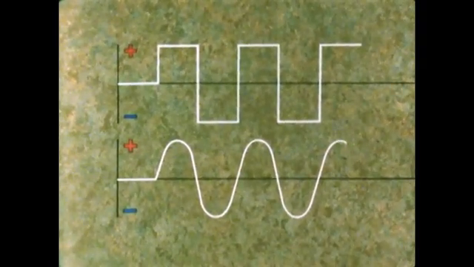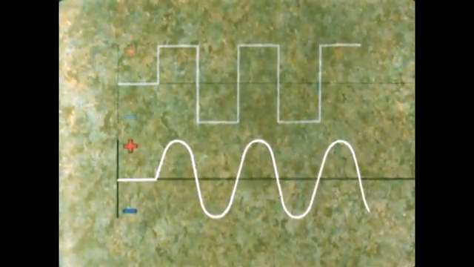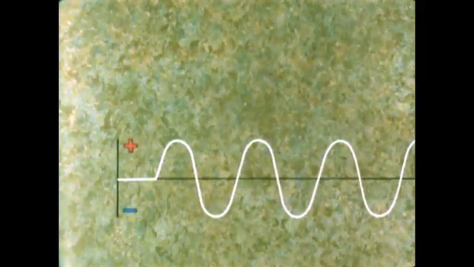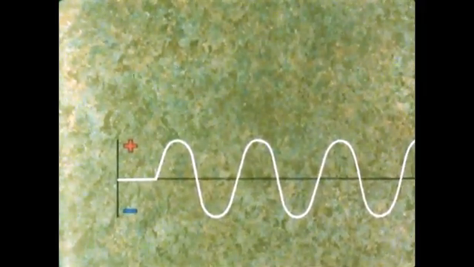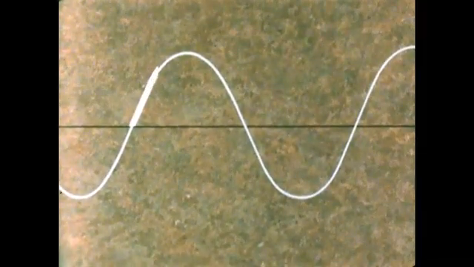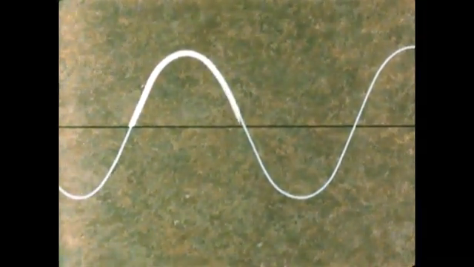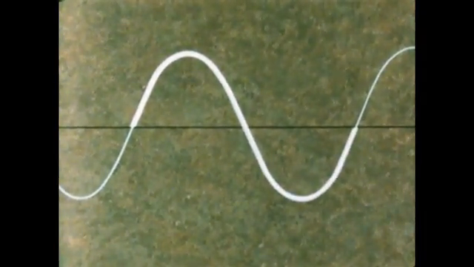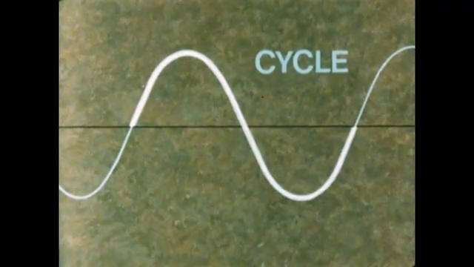This produces the sine wave. As well as showing the current flowing, the sine wave also shows how the voltage is varying. Starting at zero and going through the complete series of changes, through zero and back to zero again, we say that a cycle has been completed.